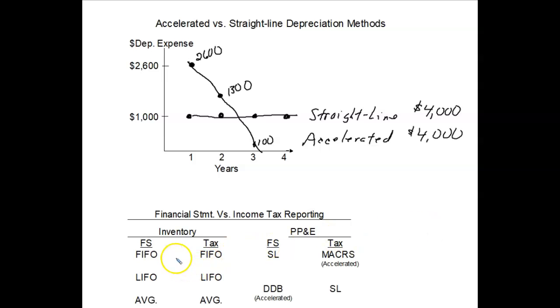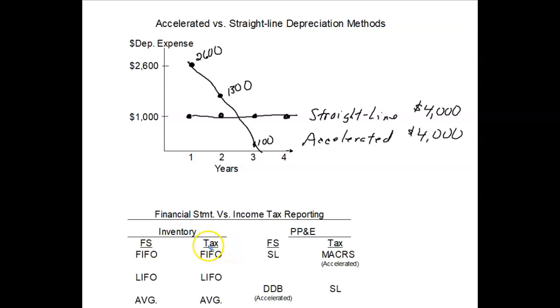So here's the interesting thing about these accelerated methods. Let's review back when we studied costing inventory and allocating that cost between ending inventory and cost of goods sold. We saw we could use FIFO, LIFO, and weighted average. So we did that on the financial statements, the income statement, the balance sheet.